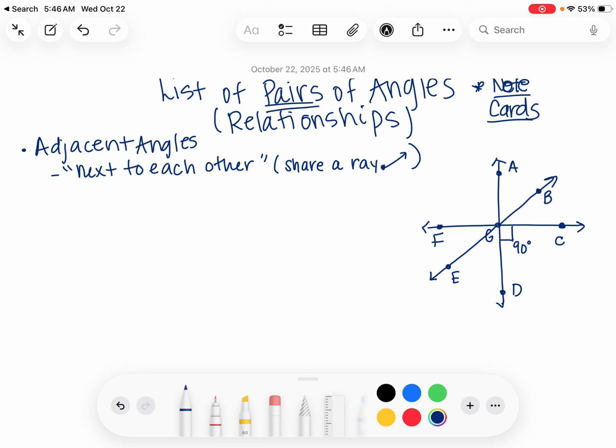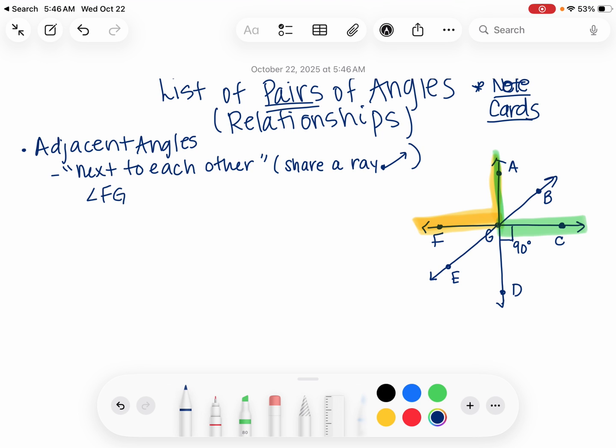So they have to be next to each other. What I want you to see is, for example, and don't color code this part yet. I'm just showing you which ones are next to each other. It would be angle FGA is next to angle CGA, for example. Okay, so you don't need to color code that part just yet.